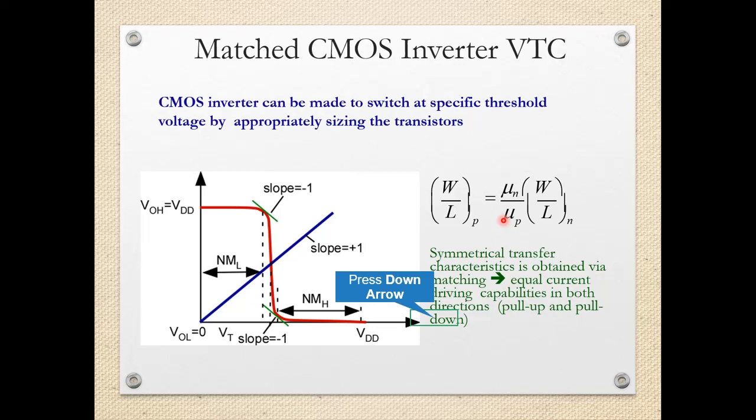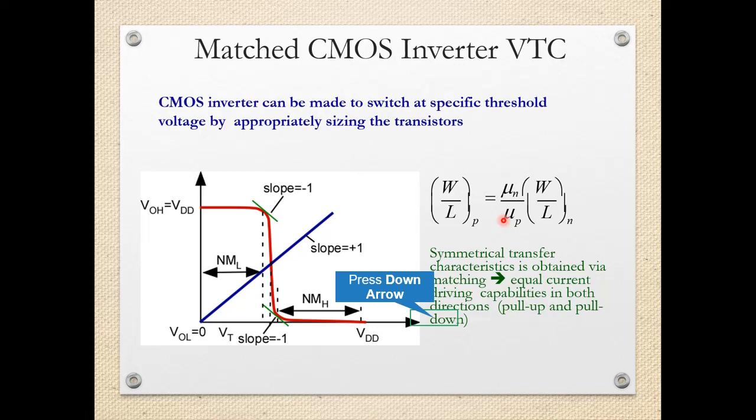And to get this appropriately, the VTC with the ideal requirement of slope equal to -1 can be obtained by properly selecting the ratio of W by L for the P MOSFET and N MOSFET. So this is the relation for the W by L ratio of the P MOSFET and the W by L ratio of the N MOSFET, and we have the mu N and mu P parameters.